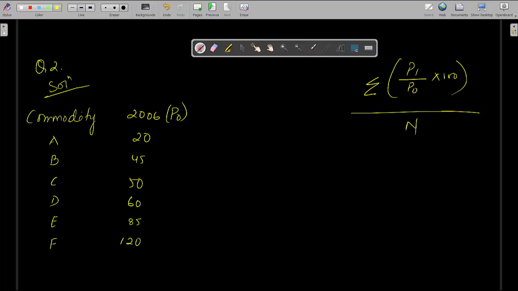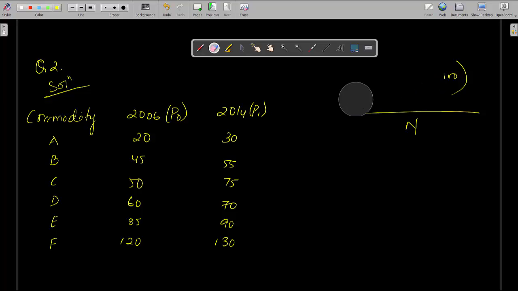Now let's write 2014, that is our current year. Prices are 30, 55, 75, 70, 90, and 130. So this is our price for the current year.